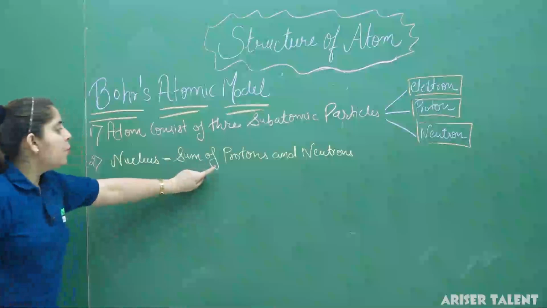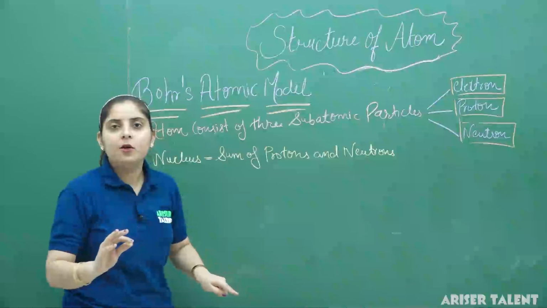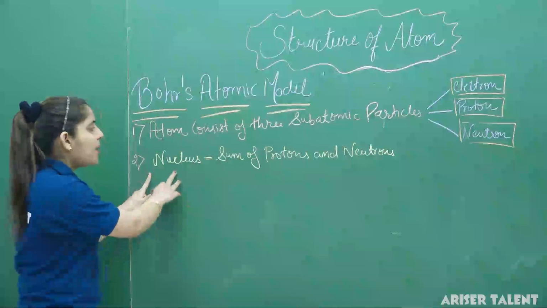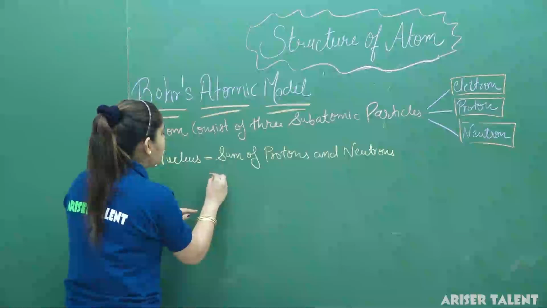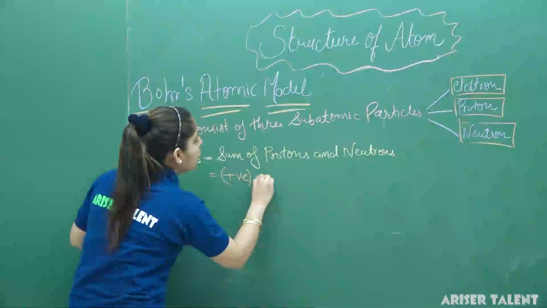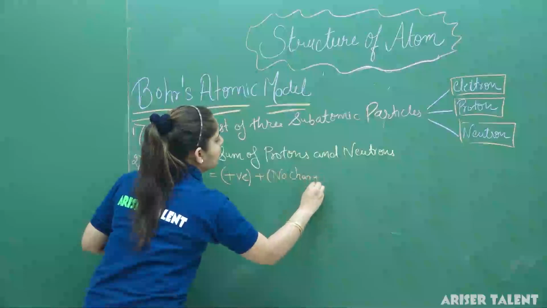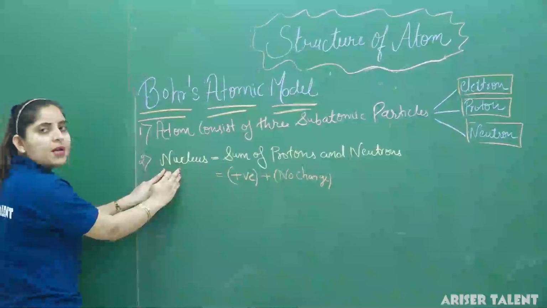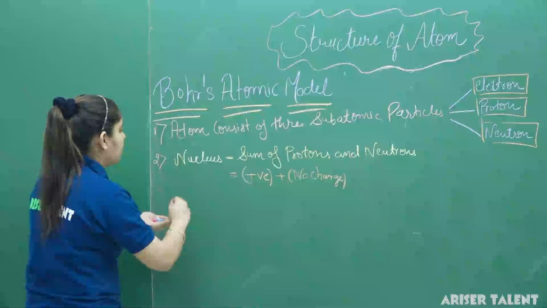It means protons will have a positive charge and neutrons will not carry any charge. So the entire mass of the nucleus is only due to the positive charge.